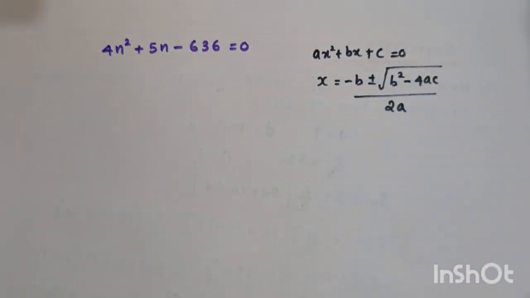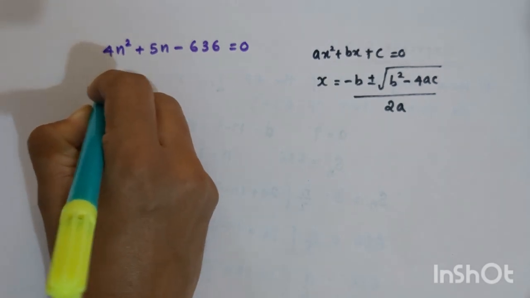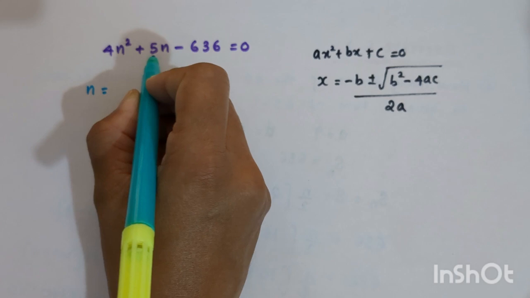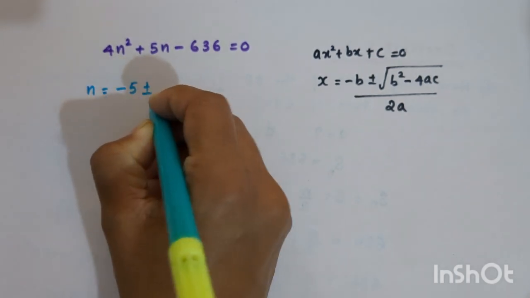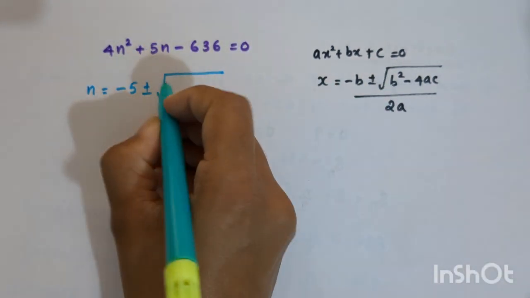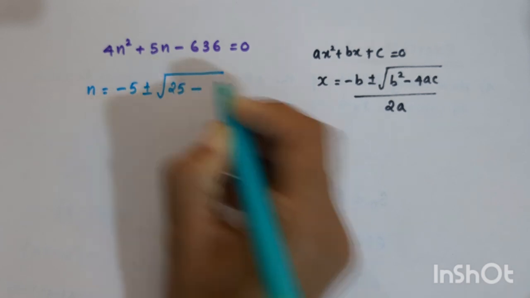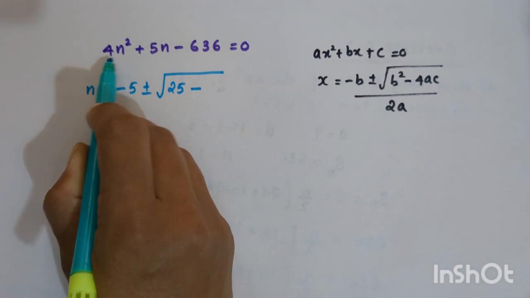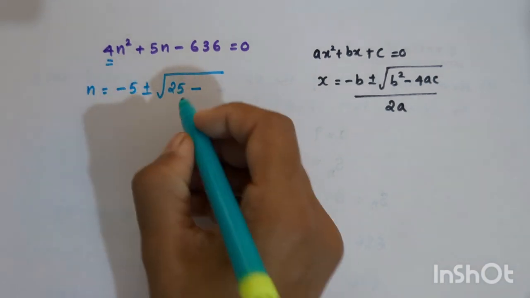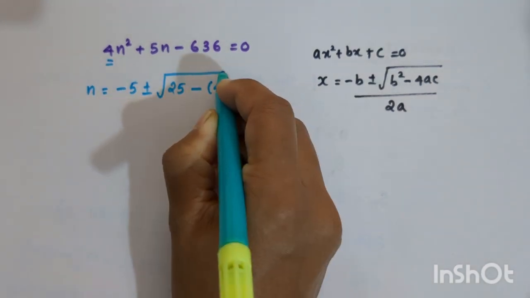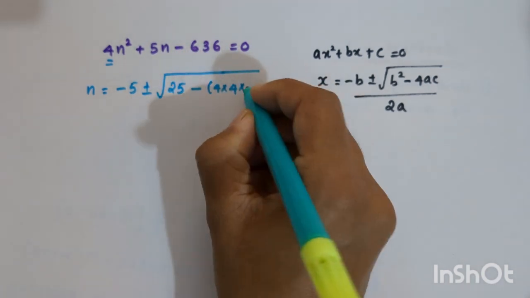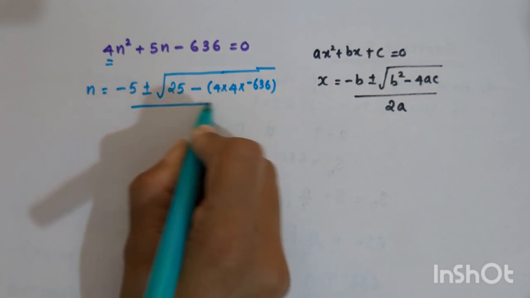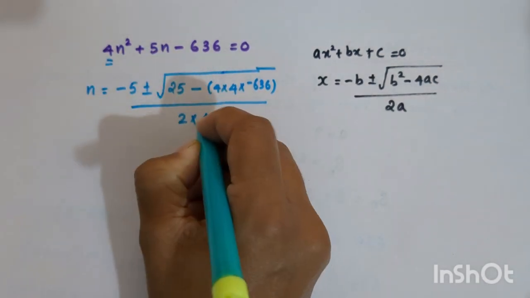So here n will be equal to minus b, where b is 5, so minus 5 plus or minus square root of b square, 5 square, 25, minus 4 into a into c. 4 into a means 4 into 4, then 4 into 4 into c. c is minus 636, divided by 2a, that is 2 into 4.